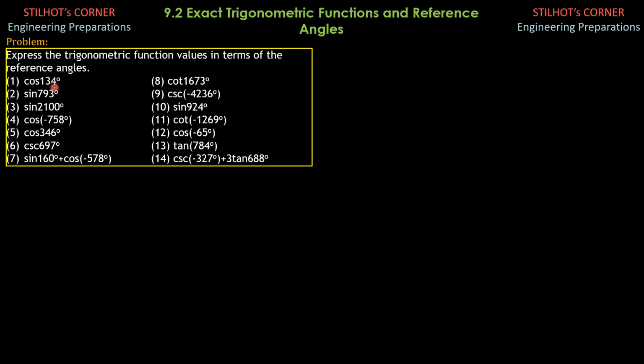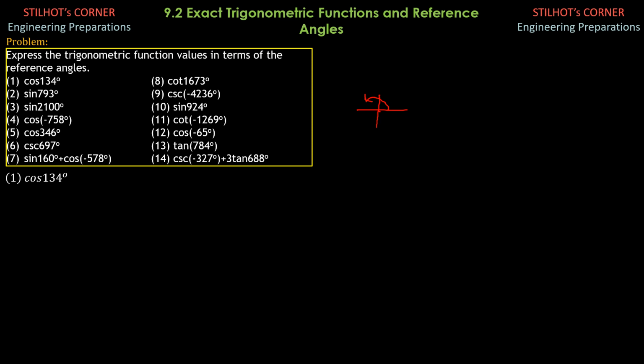This 134 degree angle lies in the second quadrant, and the cosine function in the second quadrant is negative. So therefore, if this is the axis, then 134 is positive in the counterclockwise direction.